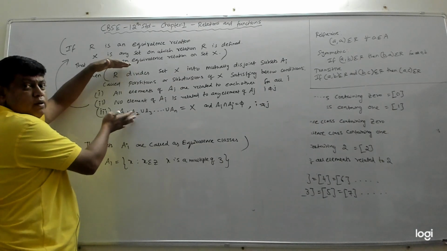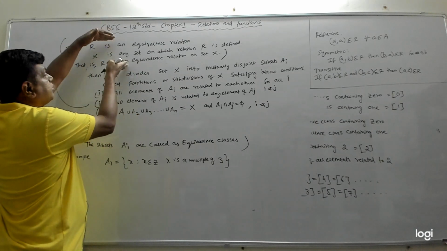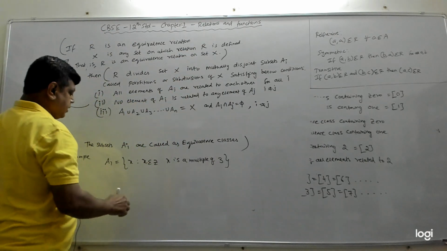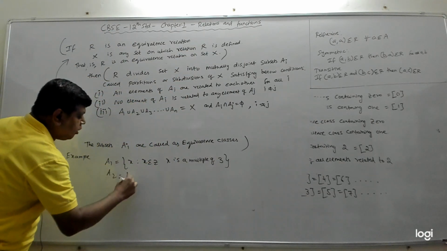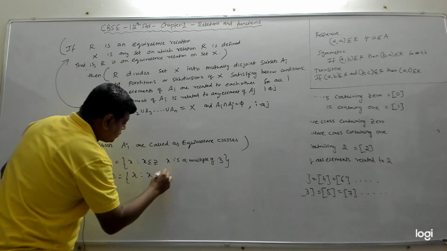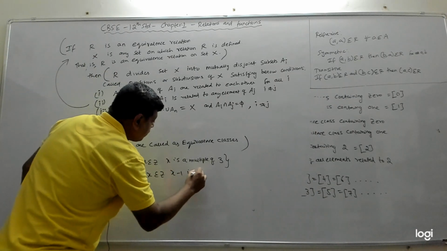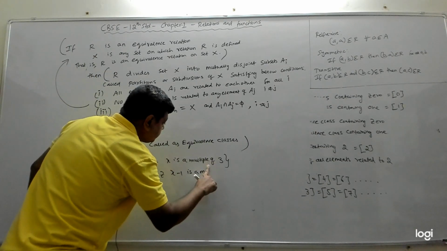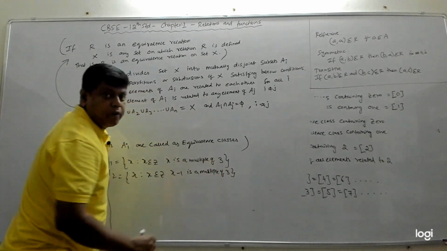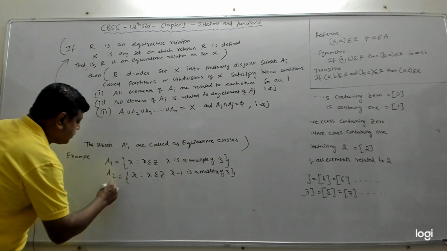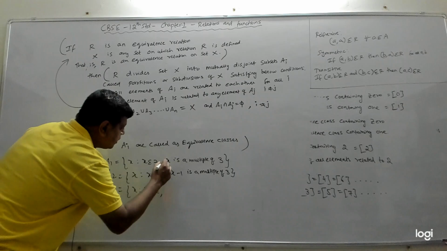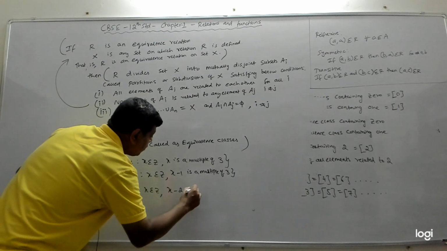Then I am going to show that we will be able to define an equivalence relation on that set. Here our set is Z. Now A2 is the set of all X such that X belongs to Z and X minus 1 is a multiple of 3. Then A3 is another set of all X such that X belongs to Z, and X minus 2 is a multiple of 3.